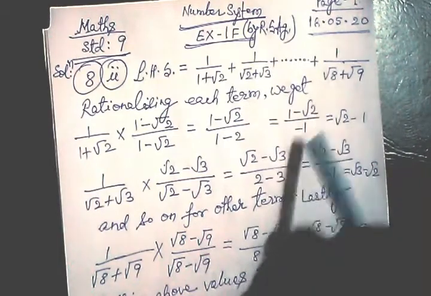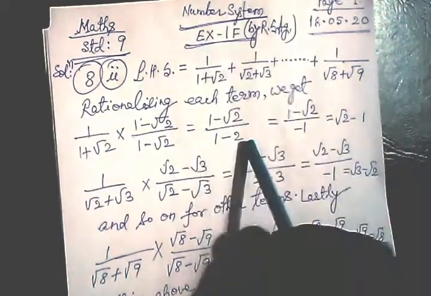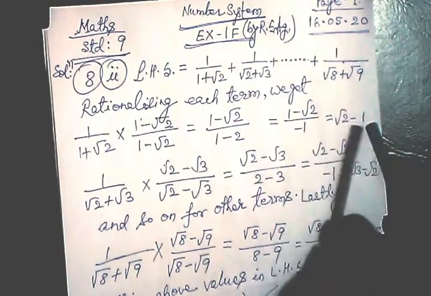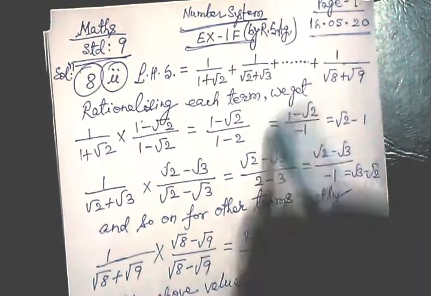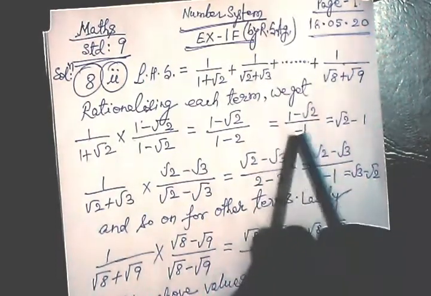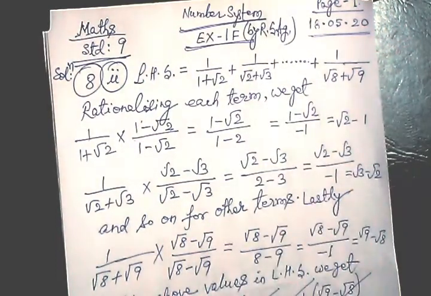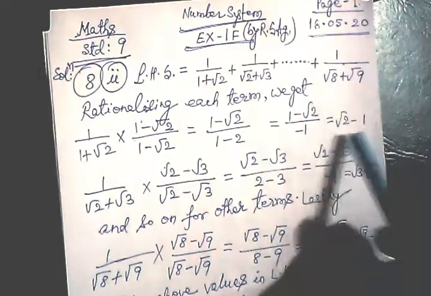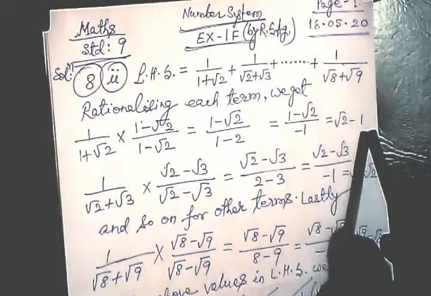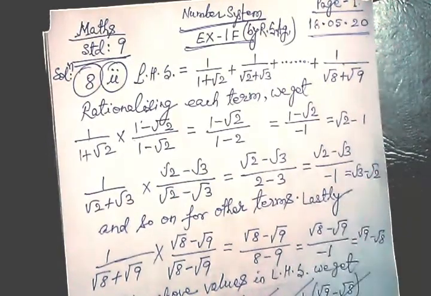Again 1 minus root 2 upon minus 1, because 1 minus 2 will give you minus 1. That is equal to root 2 minus 1. I have arranged this by shifting this minus 1 to the numerator, and that's why the sign has been changed. That's why it is root 2 minus 1. Okay, then go ahead.